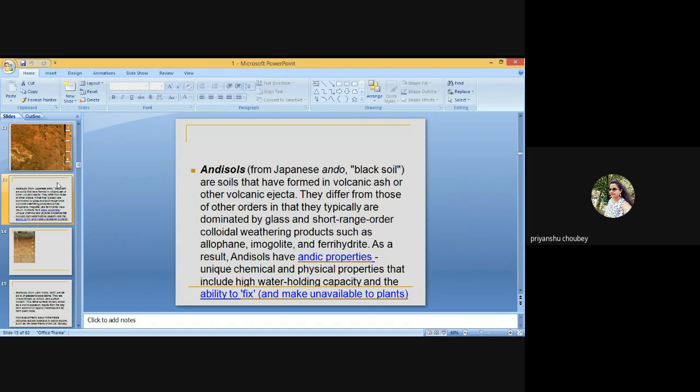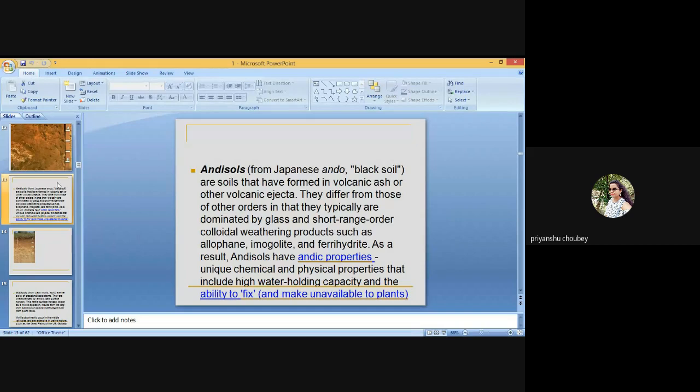Andisols are soils developed on volcanic ash, dark-colored with a low bulk density, high content of allophane minerals, and a low bulk density, at least around 1 gram per cubic centimeter, and andic properties. Easy to cultivate soil and not reported in India.